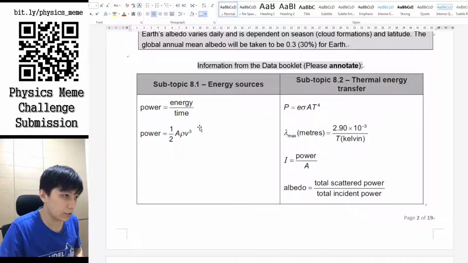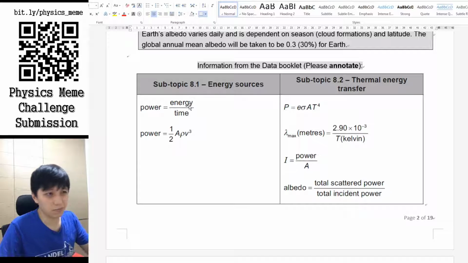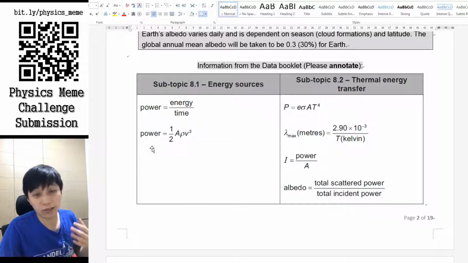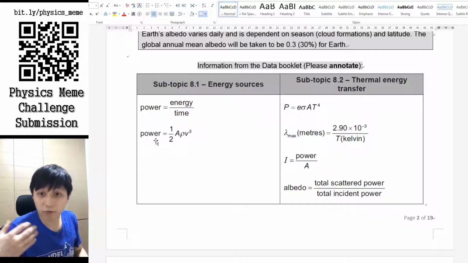The first equation is pretty much useless. I mean, you already know it and you can remember it easily. The second one is about wind power, which is probably the next video. So there's no hydroelectric power equation here. So you are expected to derive it and also understand it as well.